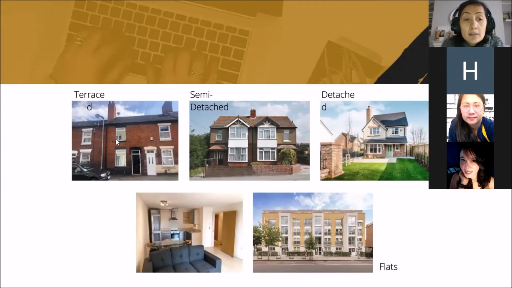Now, a terrace property is similar, but not exactly the same. Similar to what we call in the Philippines as townhouses. Okay, that means that their walls share the walls of the next house. So they are generally a row of terraced houses, okay?